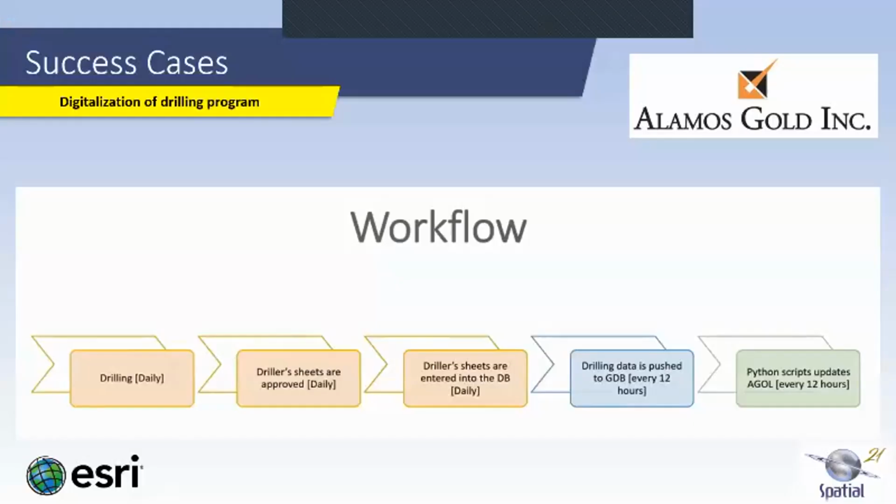So here they have the workflow from drilling, using the drilling sheet, then digitized and pushed into their geodatabase, and then the Python script pushes it into their ArcGIS Online.